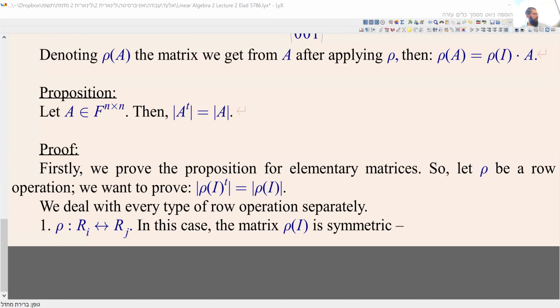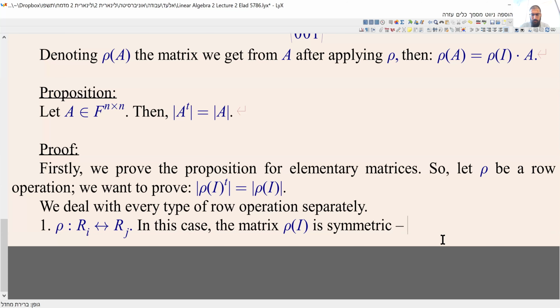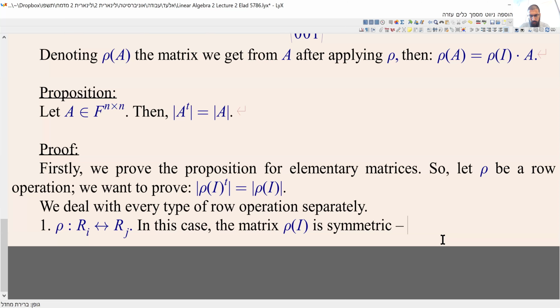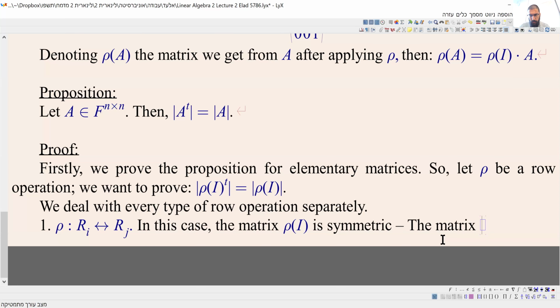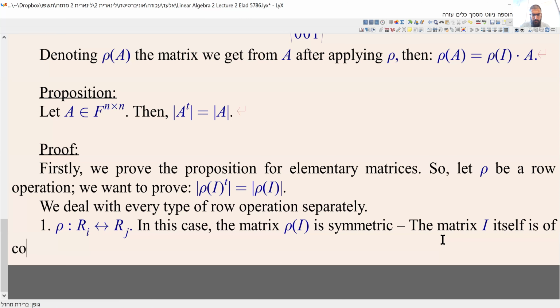If you have the matrix I itself, it is of course symmetric.